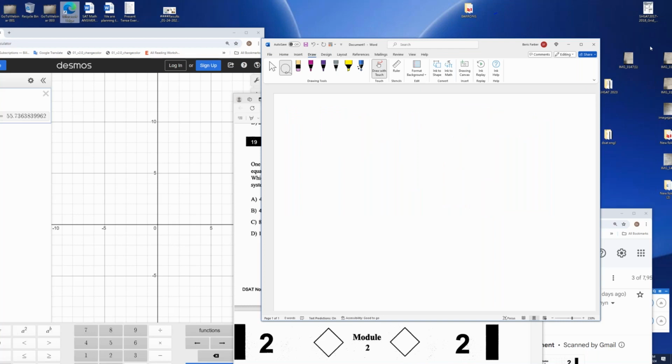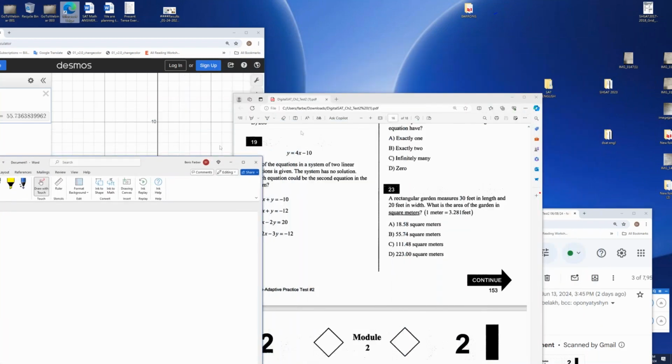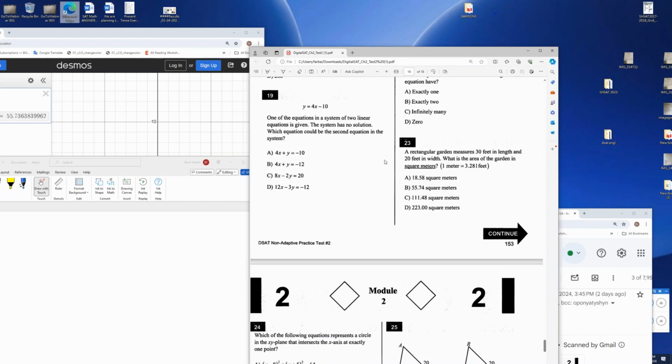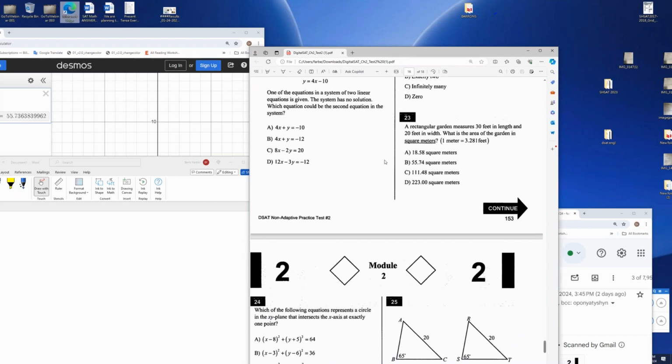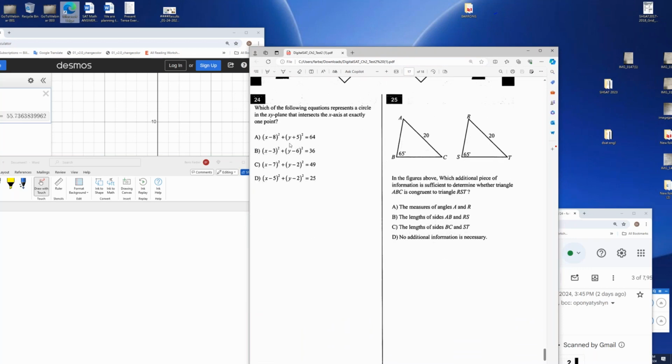Okay, what else? Some should have made a mistake on 24. What is 24? Let me find out. Which of the following equations represents a circle?